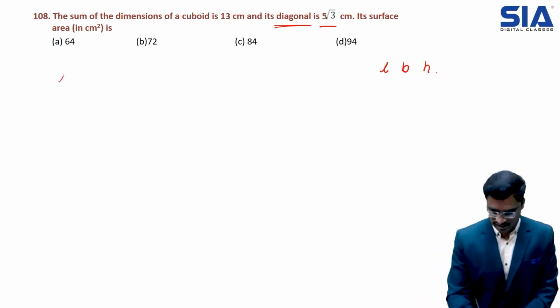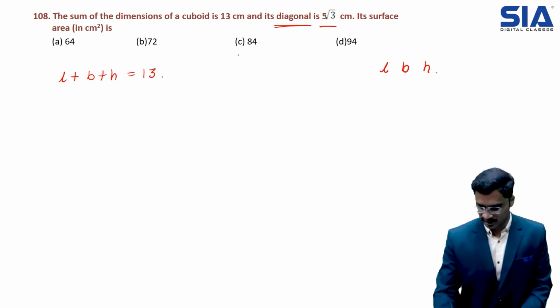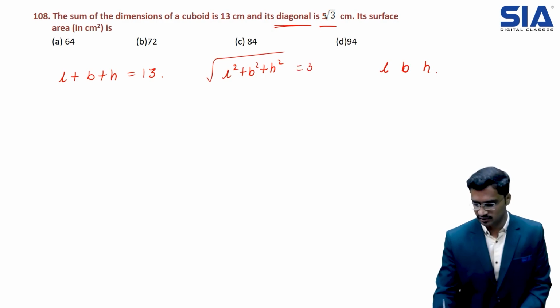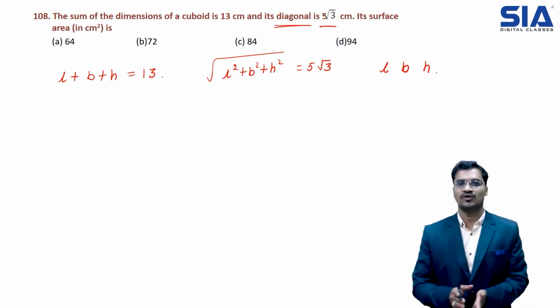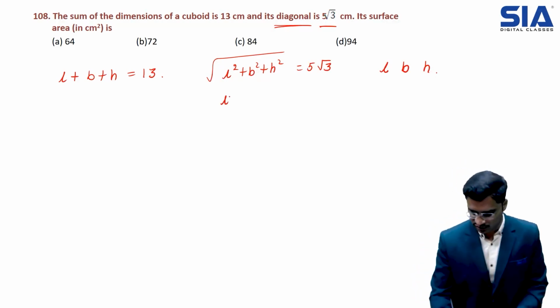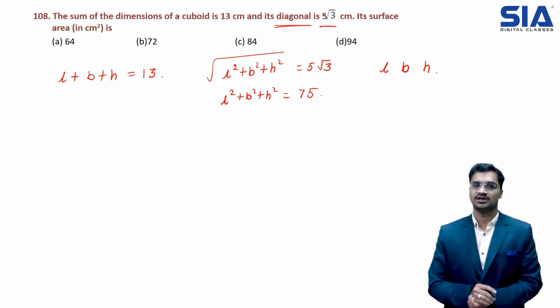In this question he is saying that length plus breadth plus height is 13, and the diagonal is nothing but the square root of L square plus B square plus H square, given as 5 root 3. Then after solving this, L square plus B square plus H square is nothing but 5 root 3 whole square. 5 root 3 whole square gives us 25 multiplied by 3. 25 3s are 75. So L square plus B square plus H square is 75.